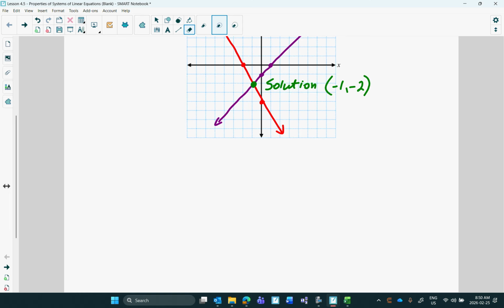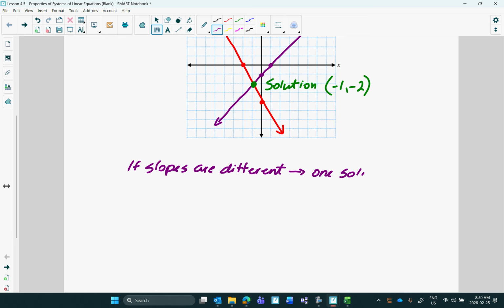So that's -4/2, which is -2. This one is up 1, across 1, which is 1. Slopes are different. Whenever you have a system, if slopes are different, it will always be one solution. Always.